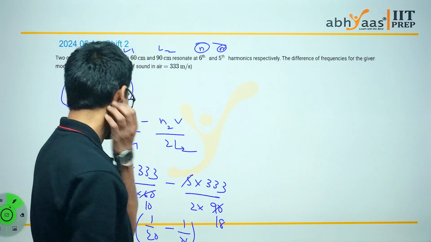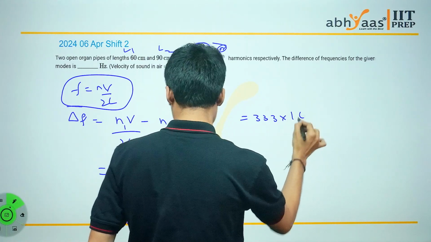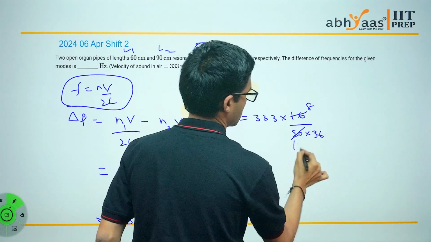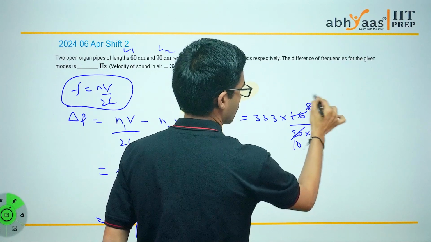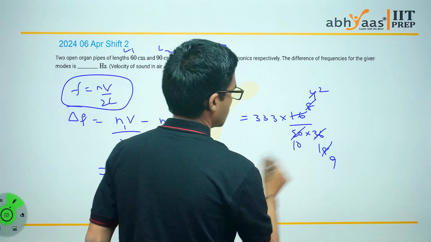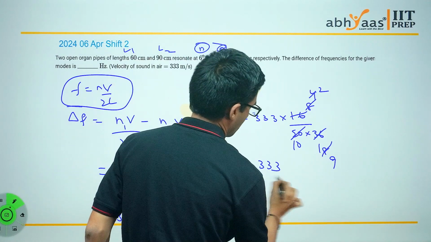Just calculate: that will be 333 into 16 by 20 into 36. Then 2 by 90, that is 333 by 45.